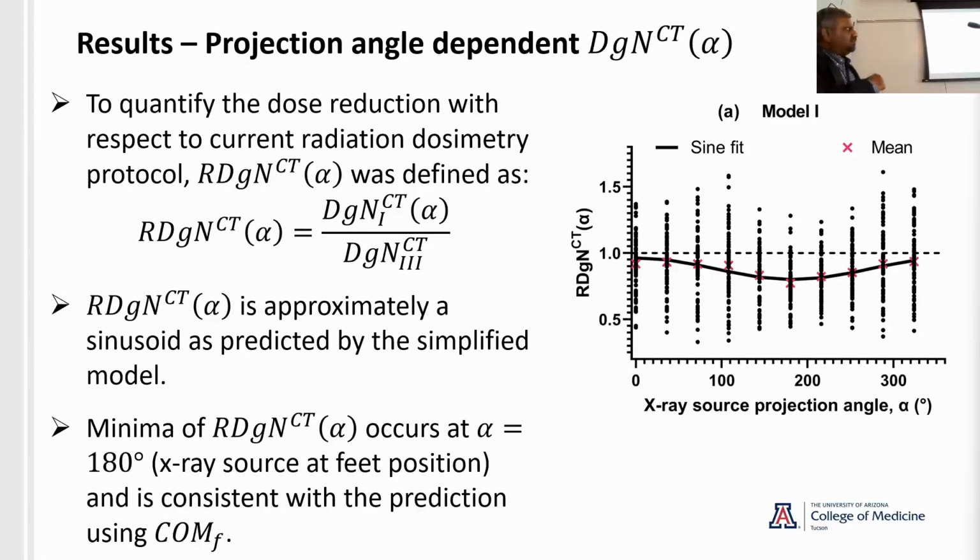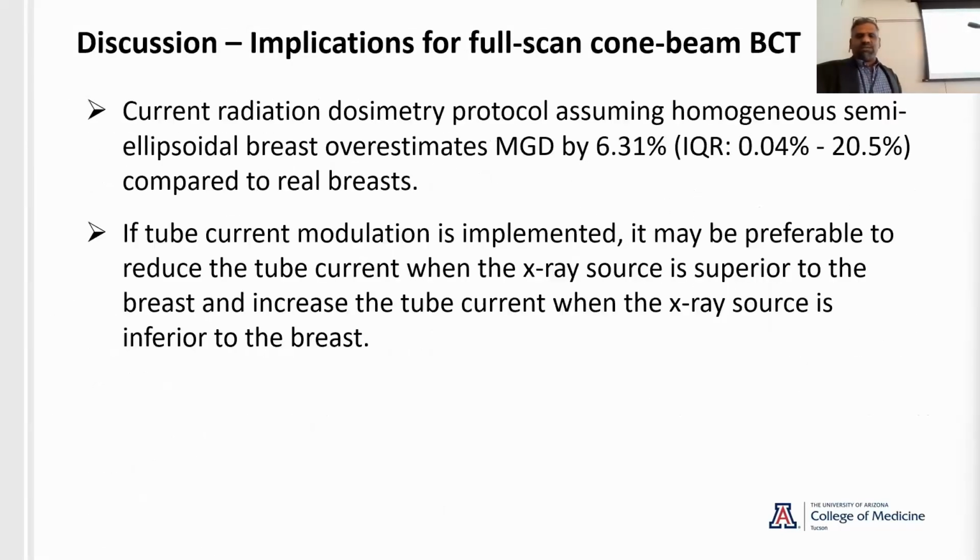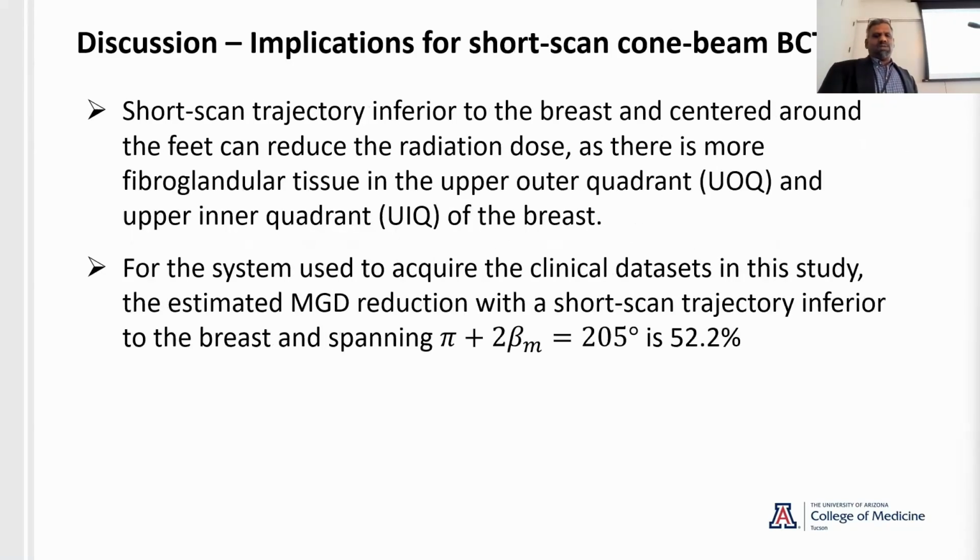And we find that the minimum occurs at 180 degrees. So that means if you're doing a short scan trajectory, you want to center the angular range to be below the breast, basically do an inferior trajectory to acquire your data. And if you're doing a full scan acquisition, if you want to implement tube current modulation, you may want to increase the dose when the X-ray source is below the breast and decrease the dose when the X-ray source is above the breast.